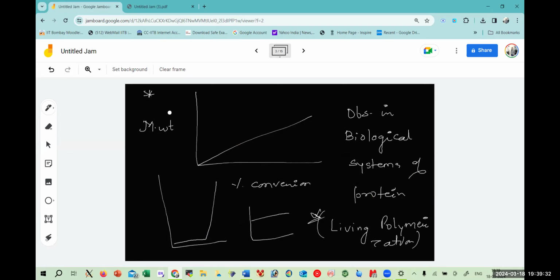And if you see a linear relationship between molecular weight and percentage conversion, as in biological systems, where the molecular weight increases as the conversion increases, that comes under living polymerization.